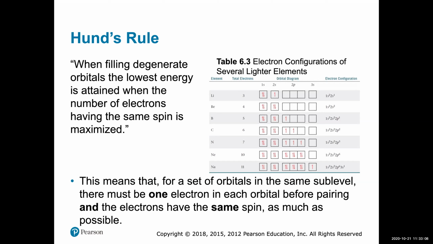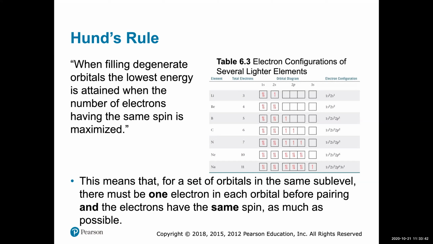It tells us principal quantum number 1, s, 2 electrons in that. Then we go to 2, s, 1 electron in that. We go to beryllium next with 4, and here we fill up the 1s level, then we fill up the 2s level, and that gives us 1s2, 2s2. So it's telling us, once again, we have 2 electrons in the 1s and 2 electrons in the 2s.